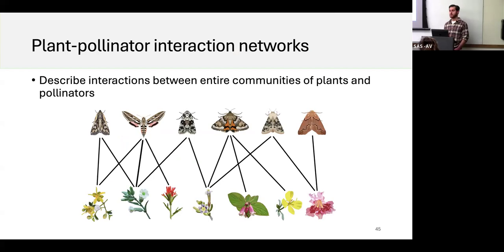I've done this by focusing on what we call plant-pollinator interaction networks. On the bottom, you can see the plant species, and on the top, you can see the moth species, and the lines represent those pollination interactions. So we can study and understand plant-pollinator interactions at a community level like this.